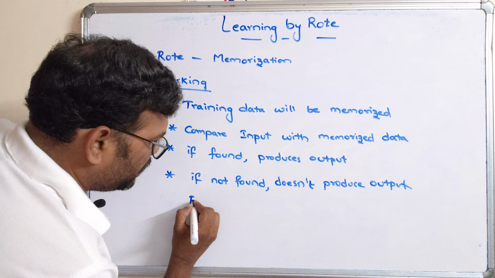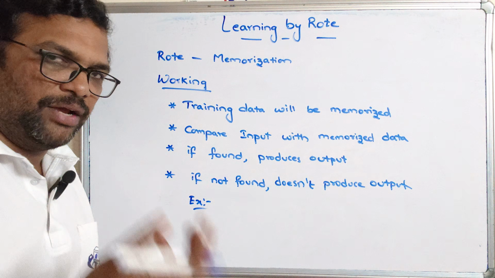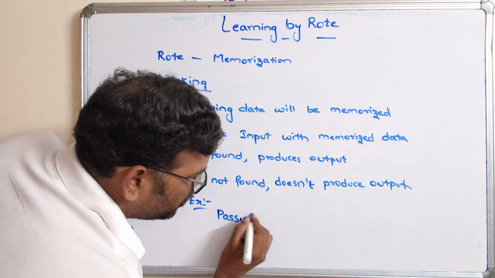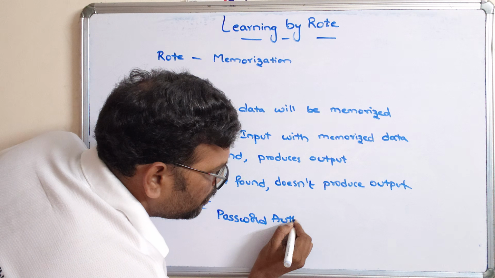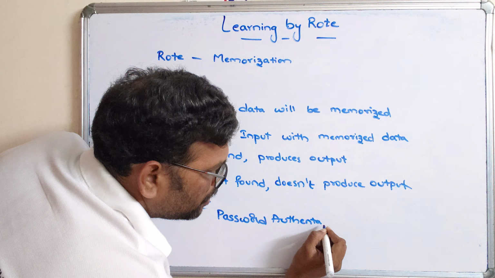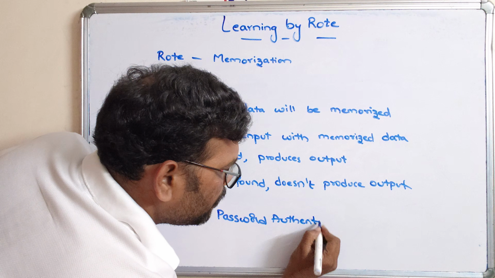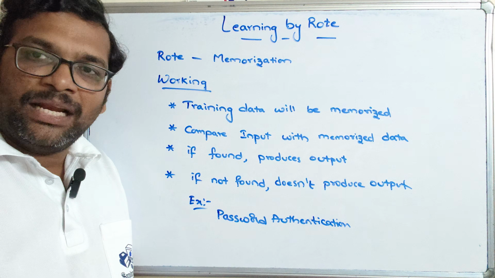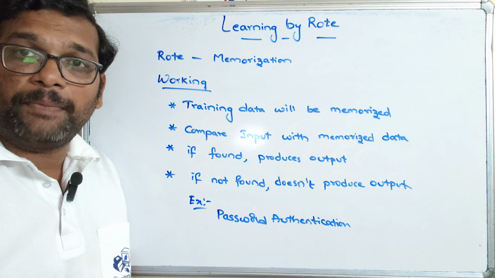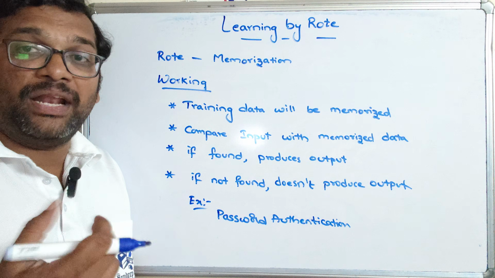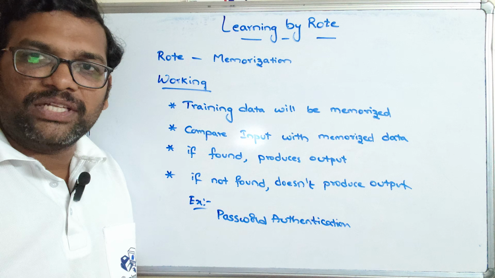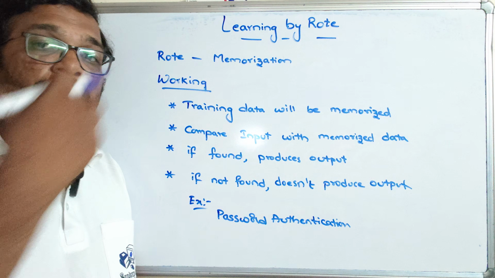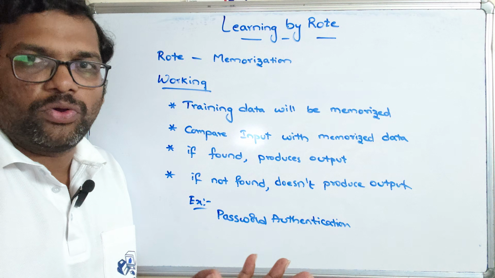One example of this, which we use in real life, is password authentication. This is the best example. During the sign up process, the username and the password will be stored in the database, and whenever you want to log into the system, whatever credentials you give will be compared with what is stored in the database.